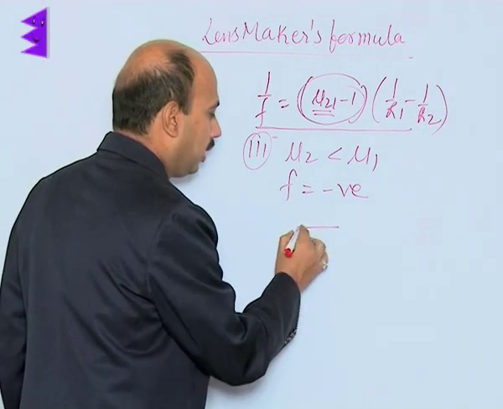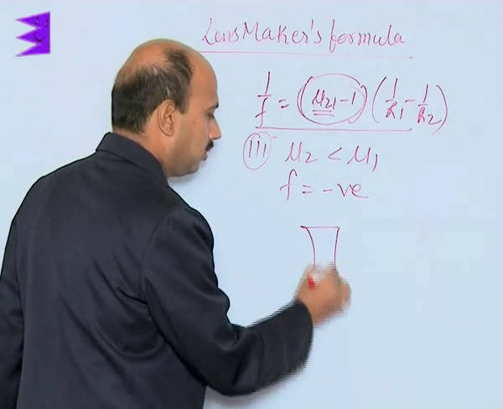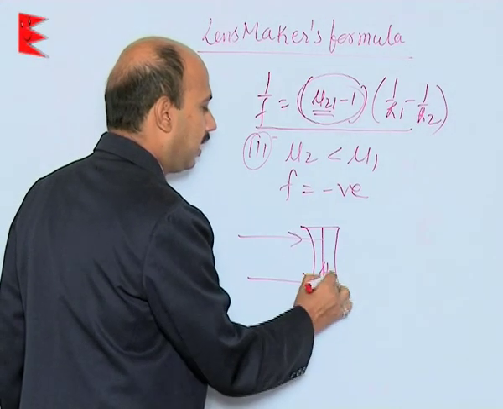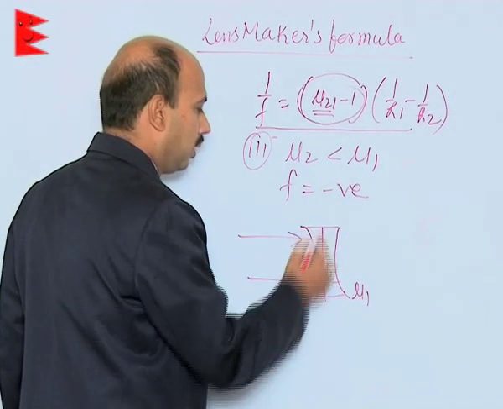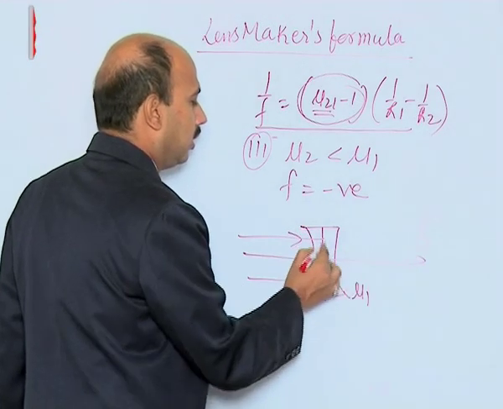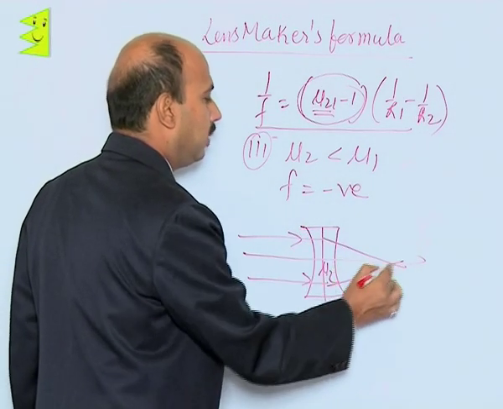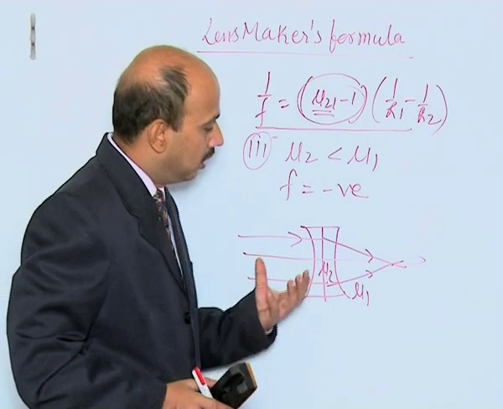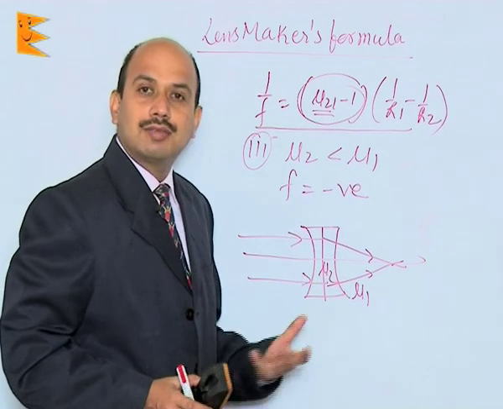So, if you are taking a concave lens like this, and here the rays are coming, with refractive indices mu 2 and mu 1, then after refraction the rays will get converged. So, now the diverging lens is behaving as a convex lens.